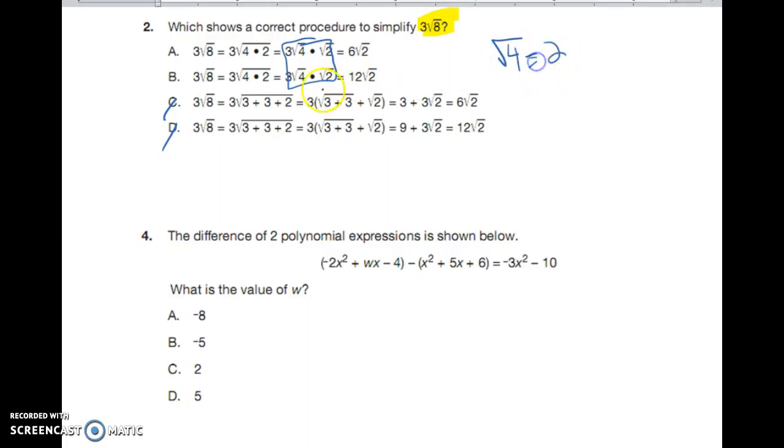So the correct answer is A, because we have 3 times 2 times the square root of 2. 3 times 2 is 6. So that's how we get A. I hope that wasn't too complicated for you. But break down the factors, find perfect squares, and that'll help you move on to the next piece.